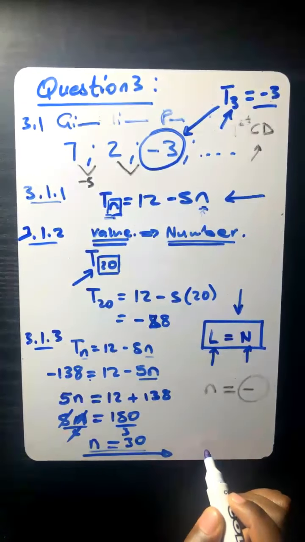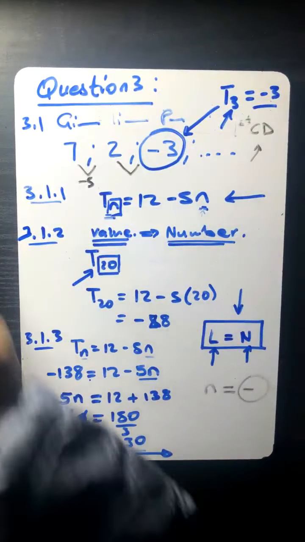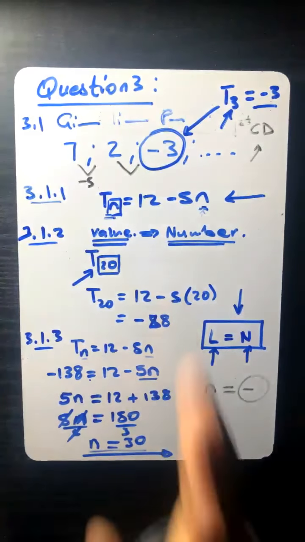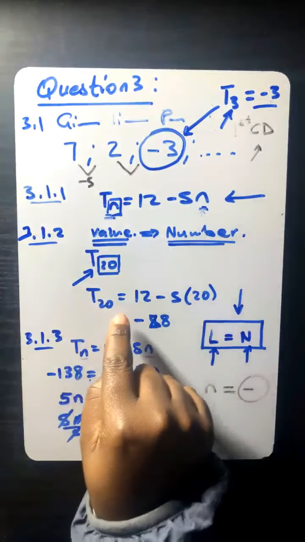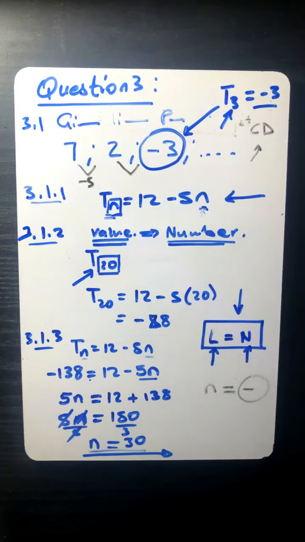Just know that if you get a negative answer, you did not get an answer. A number n is always a positive number. It's only Tn which could be a negative.